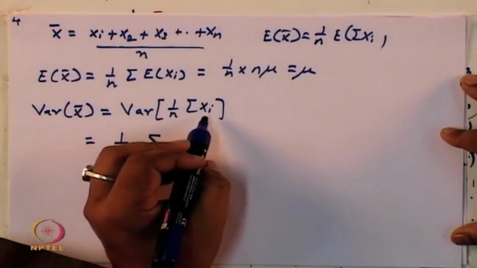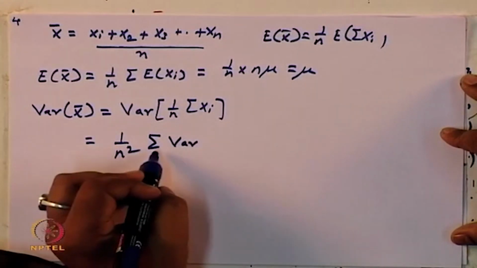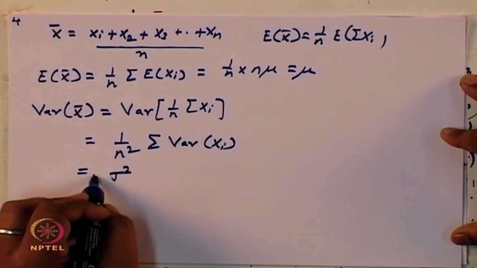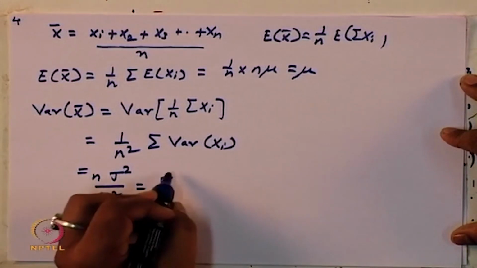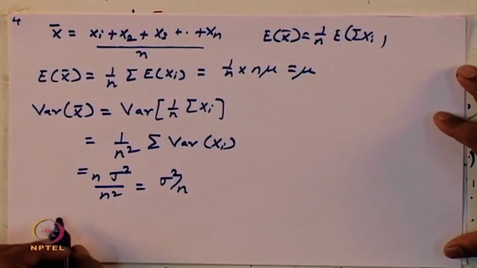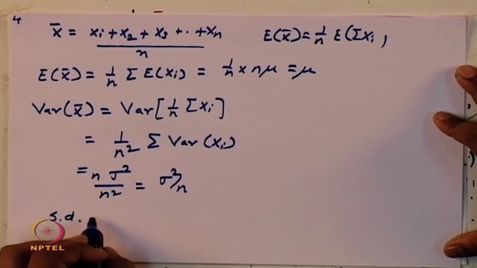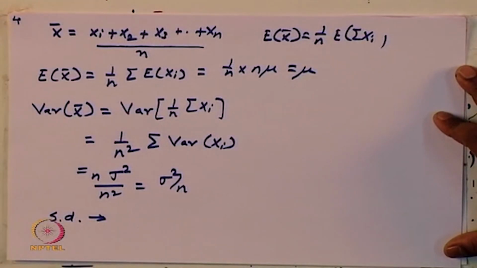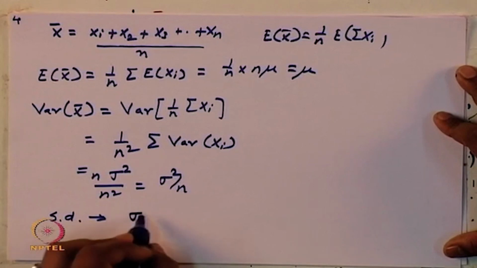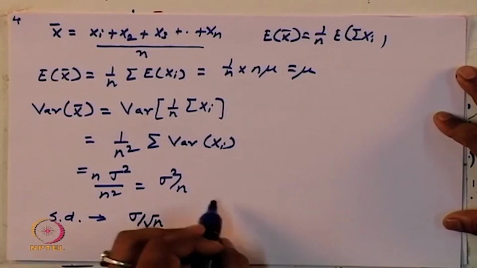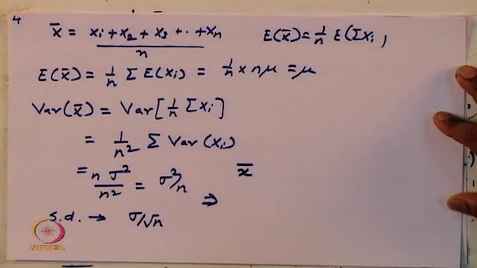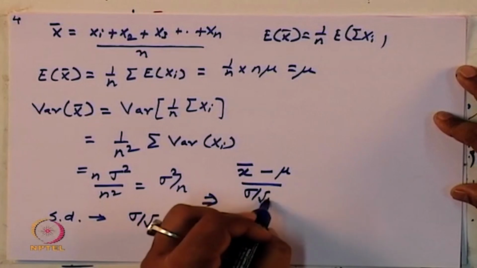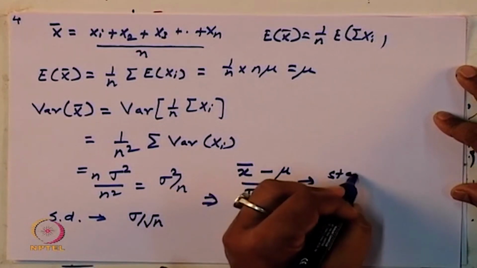Because these x_i's are independent, I can simply write summation variance of x_i. So, you have sigma square into n by n square, equal to sigma square by n. This means the standard deviation of the sample mean x bar is sigma by root n. So, (x bar minus mu) by (sigma by root n) is a standard normal variable.